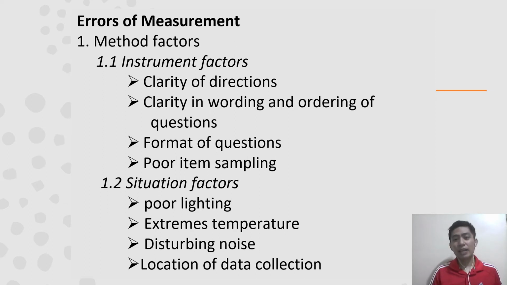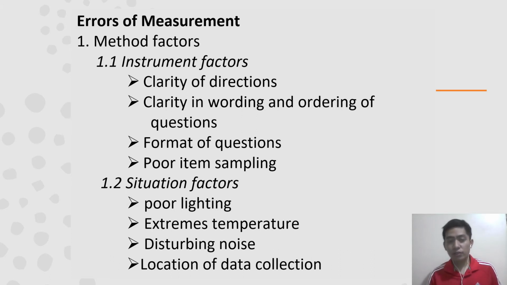So please clarify your direction, and the wording and ordering of the questions. You can cluster or bracket your questions per component. As for the format of questions, though some of the literature prefers all positive questions, we can use a double negative question for us to check the validity of the respondents' answers.